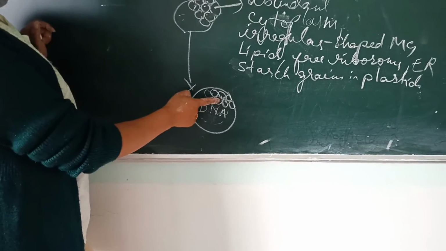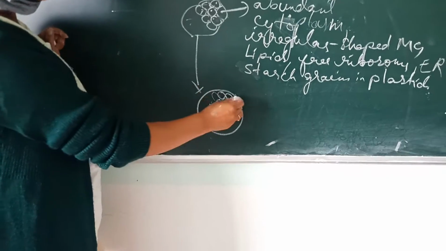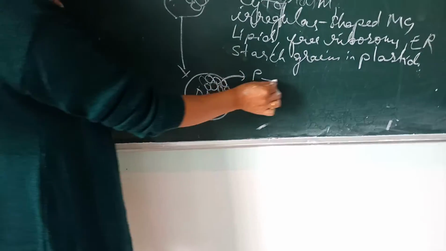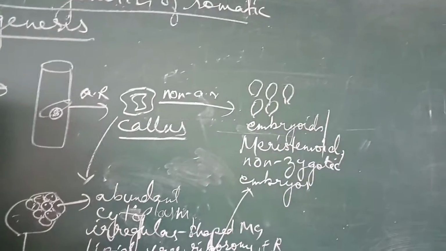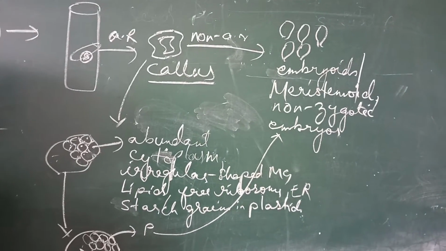It means that only the genes in those regions are very active, and they produce the proteins which are needed to produce non-zygotic embryos, that is the embryoids.